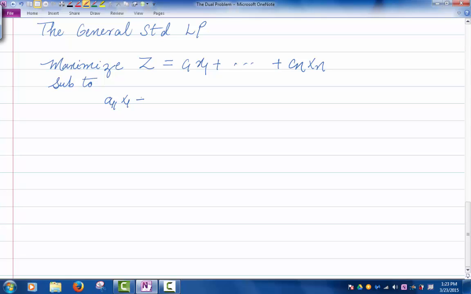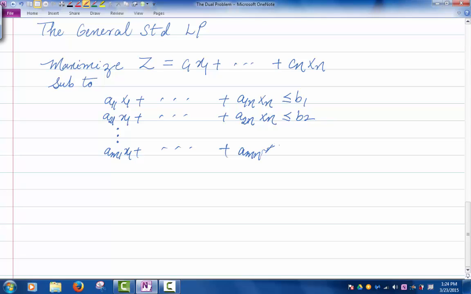a11 x1 plus dot dot dot plus a1n xn less than or equal to b1, a21 x1 plus dot dot dot plus a2n xn less than or equal to b2, and we go dot dot dot, am1 x1 plus dot dot dot plus amn xn less than or equal to bm.